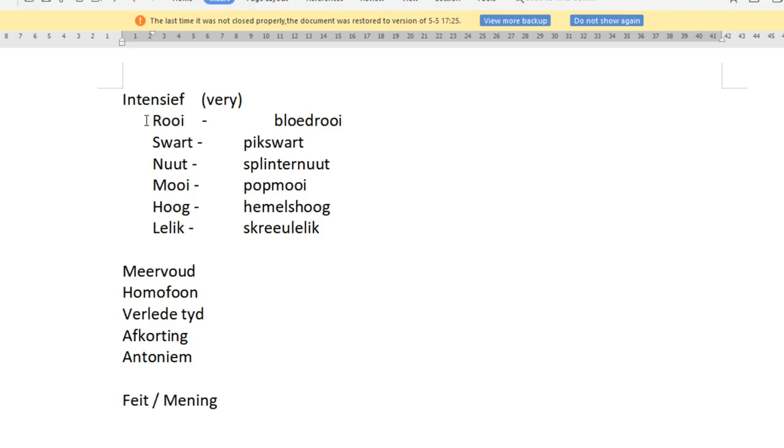Rooi is bloedrooi, blood red. Swart is pik swart. Pik is pitch, so we're pitch black. Nuut is splinternuut. Splinter, same as in English, the thing you get from wood. You can think about it as if the wood is new, if it hasn't been treated, then you get splinters from it.